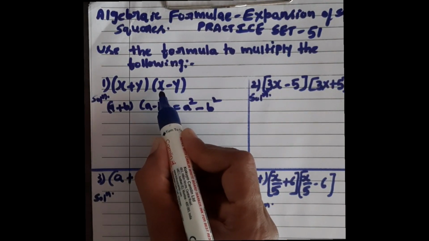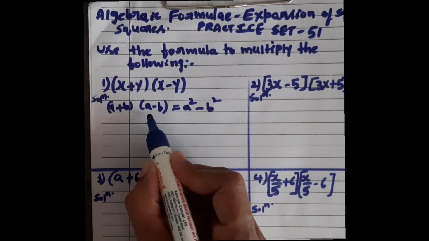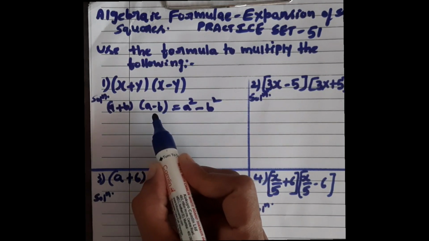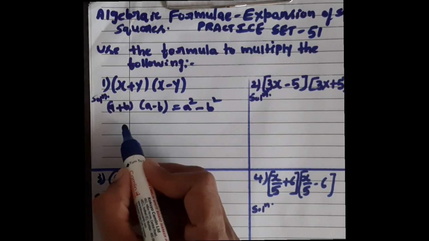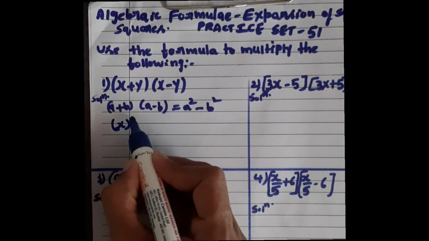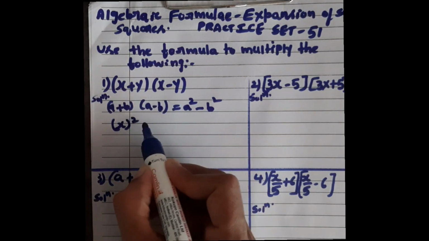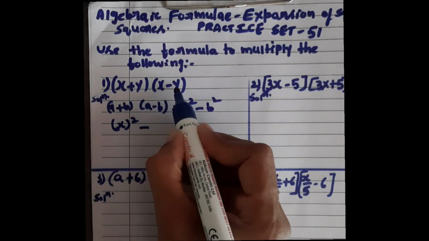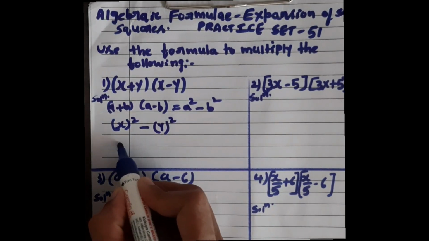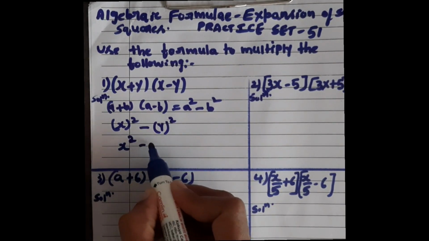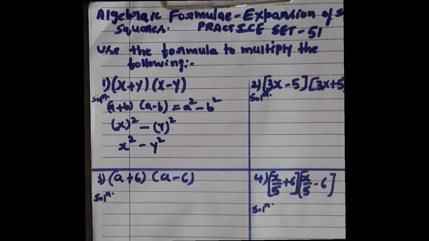This we have to convert into the form of this algebraic identity. So what we will do: x into x we will multiply. X into x means x whole square, plus into minus, minus y into y, y whole square. So the final answer is x square minus y square.